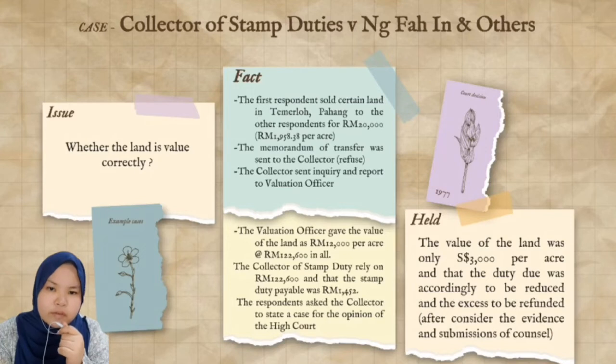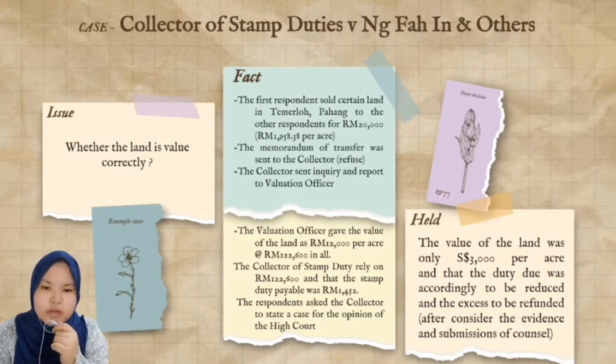The memorandum of transfer was sent to the collector, but the collector refused, and then sent an inquiry and report to the valuation officer. The valuation officer gave the value of the land as 12,000 per acre. The collector of stamp duty relied on the valuation officer's report, and the stamp duty payable was 1,452 ringgit.